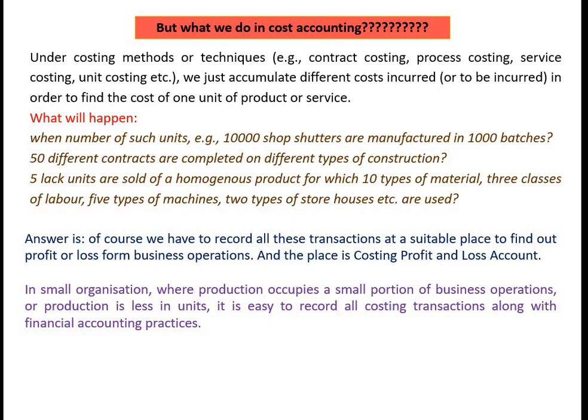In our previous discussion, we already discussed the costing profit and loss account, especially when I told you that all normal losses are adjusted against the production cost, but abnormal losses are shifted to the costing profit and loss account. It means some accounting procedure is there, and the resultant figure of that is the costing profit and loss account. What these transactions are and how we record them, we are going to discuss in this lecture.